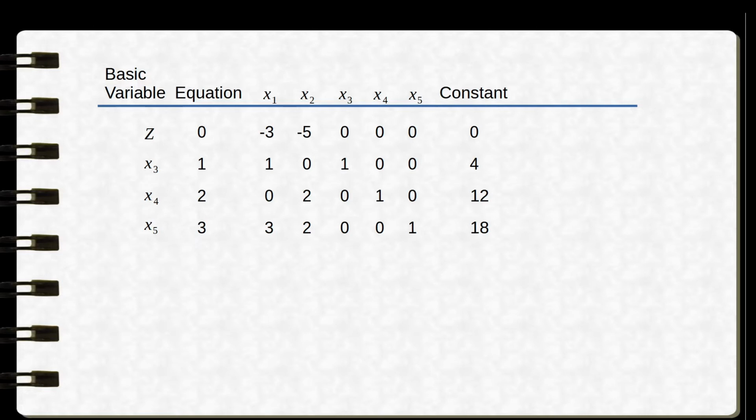So we initialize the problem. That is, we start by solving this problem by assuming that the decision variables are equal to 0. That is, x1 and x2 are equal to 0.